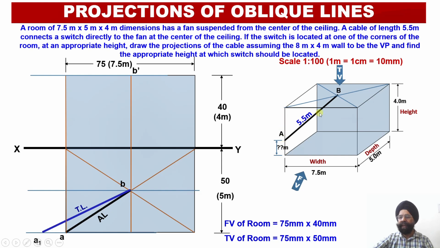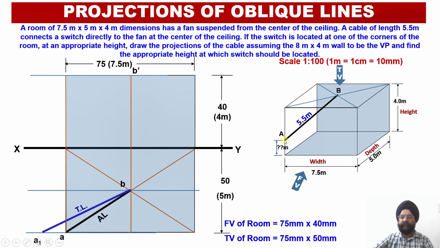Wherever this true length of the cable intersects with the corner point, I will be able to obtain this height, or the location of the switch in the corner of the room.